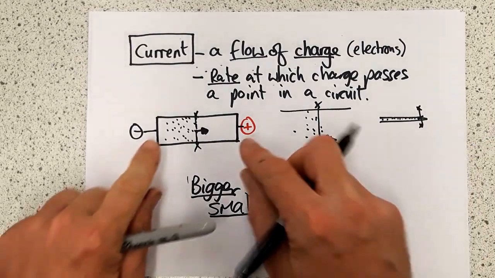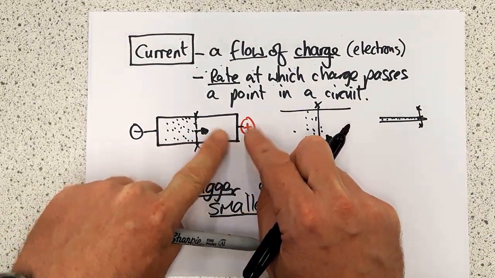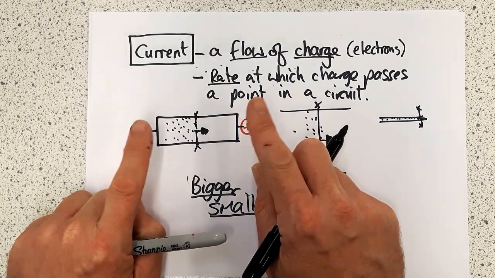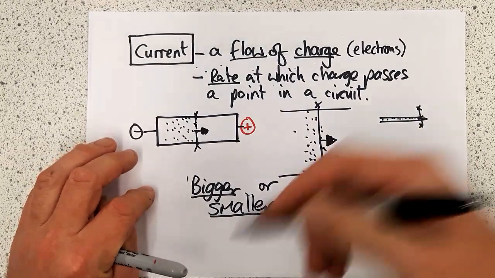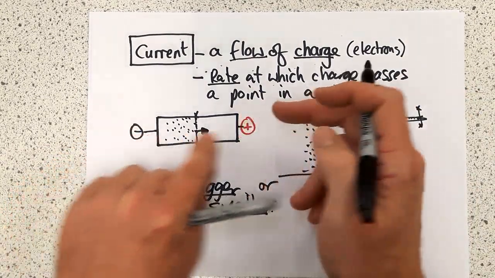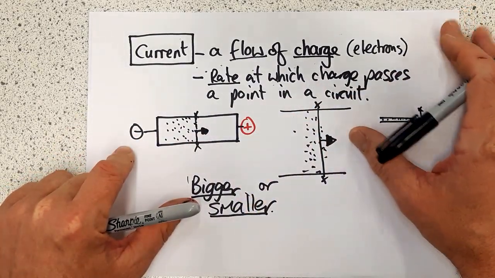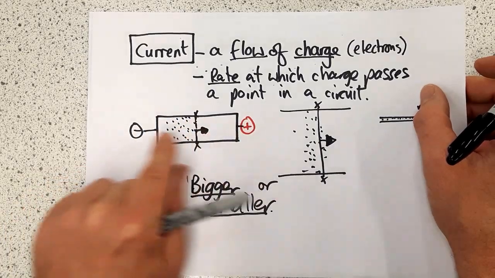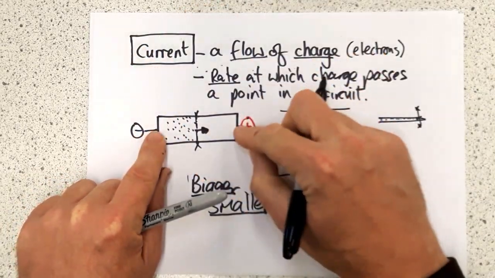So when you attach the battery, the electrons will be attracted towards one end of the wire because opposites attract. And if you think of electrons as just things that will be attracted towards positives, and the bigger the positive, or the bigger the difference between the positive and negative, the more attraction they have, then that should be enough to get you through at this level. So electrons flow because of the difference between the positive and the negative at the ends of a conductor.